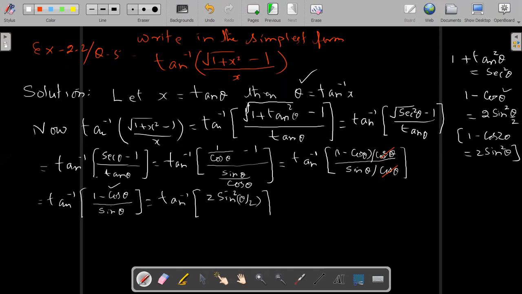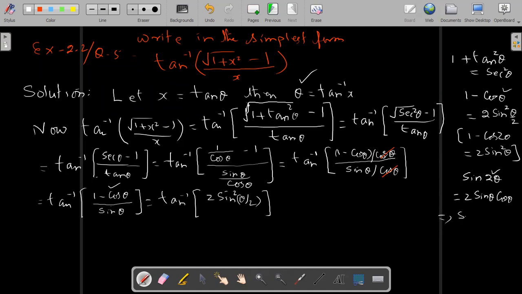Similarly, this denominator sine theta will be converted by this formula. You know that sine 2 theta is equal to 2 sine theta cos theta. If this is 2 theta, it will become theta, and if it is theta, it will become theta by 2.